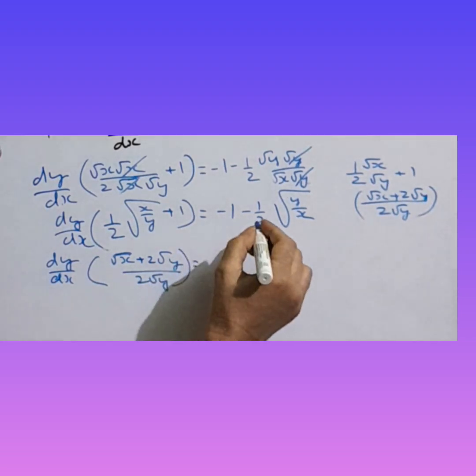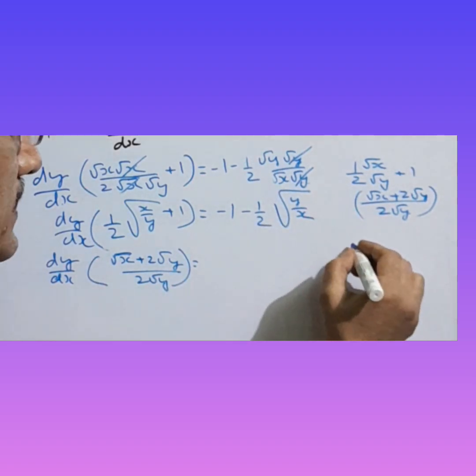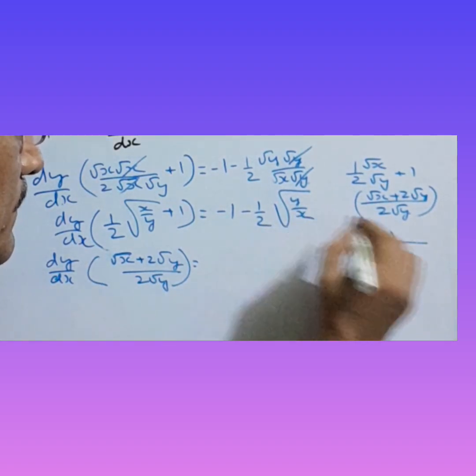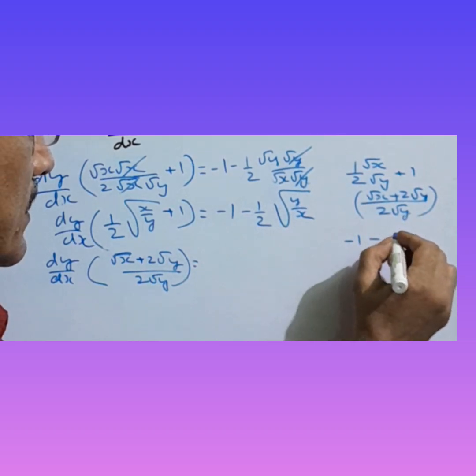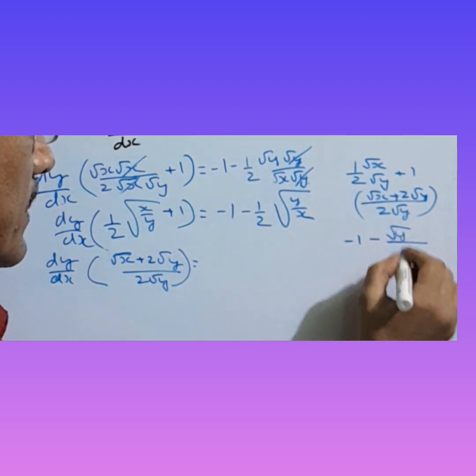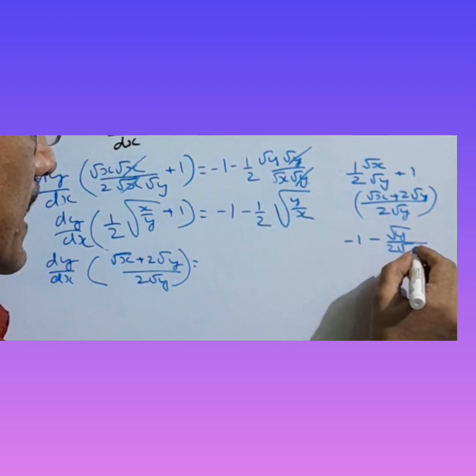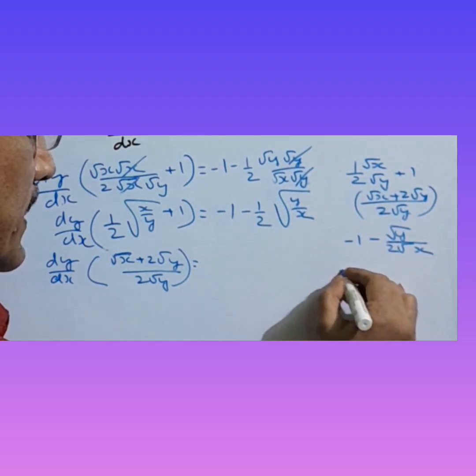Alright, now here also same thing we'll do. Here what you would get is, it is minus 1 minus, instead of 1 I would write here root y, and down I would write it as 2 root x. Alright, then we take LCM.